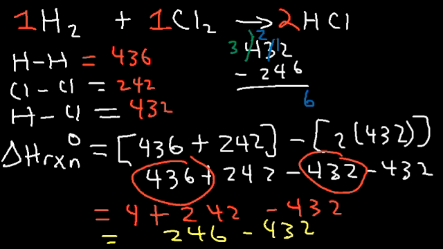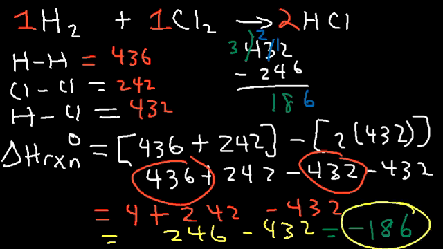So 12 minus 4 is 8, and 3 minus 1 is 2, so this should be negative 186. So if we type that in the calculator, 246 minus 432 is negative 186. If you subtract it backwards, just make sure to add the negative sign. So this is the enthalpy change of the reaction. That's how you can calculate it using bond dissociation energies.